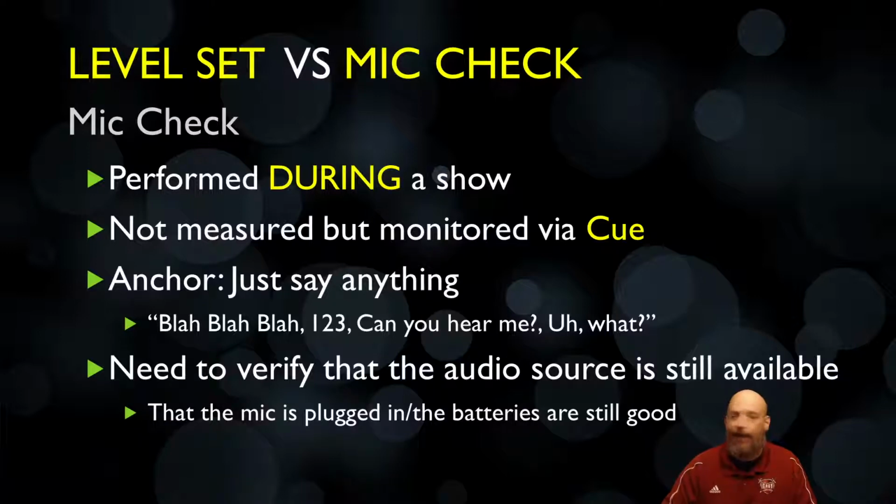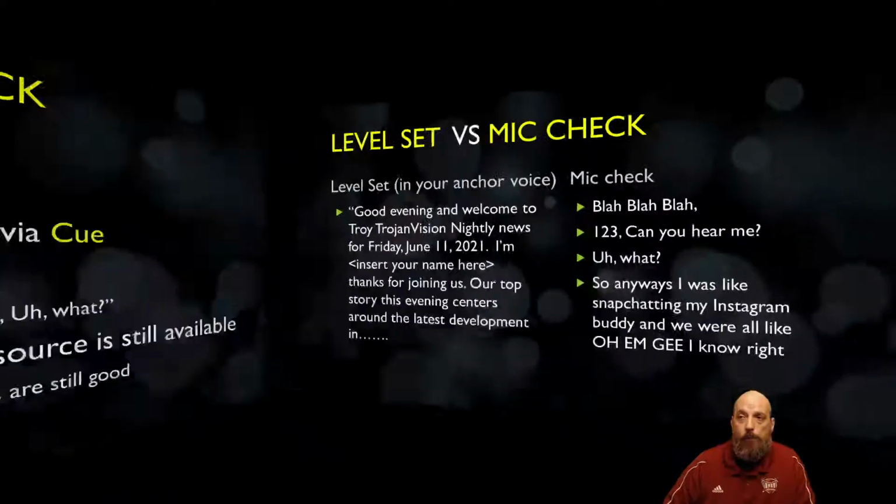And with the mic check, they can say whatever they want. They can say, blah, blah, blah, 1, 2, 3, can you hear me? I've even had anchors look at me and they're like, what? And just because I heard them say something, that mic check was good. We're not trying to establish the audio level. We already did that when we did the level set. We're just making sure that we can hear their microphone through the audio board.